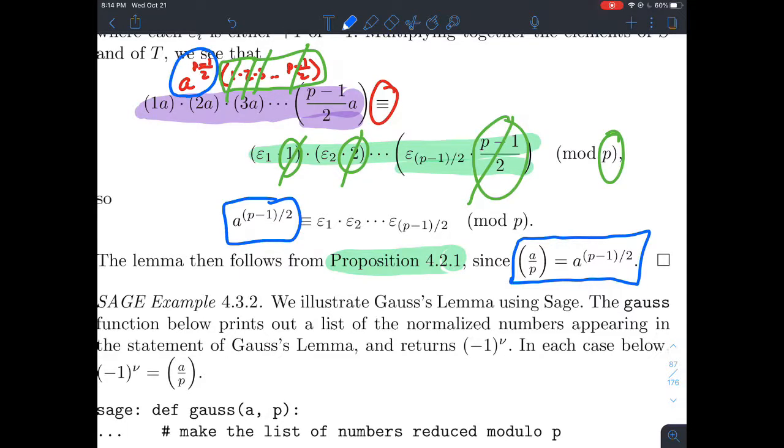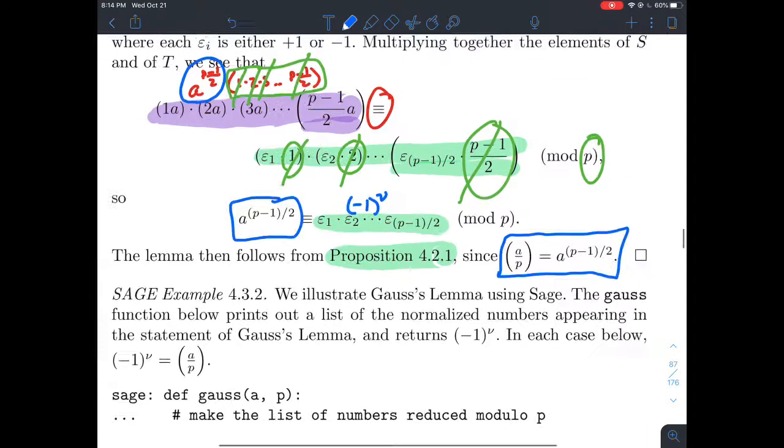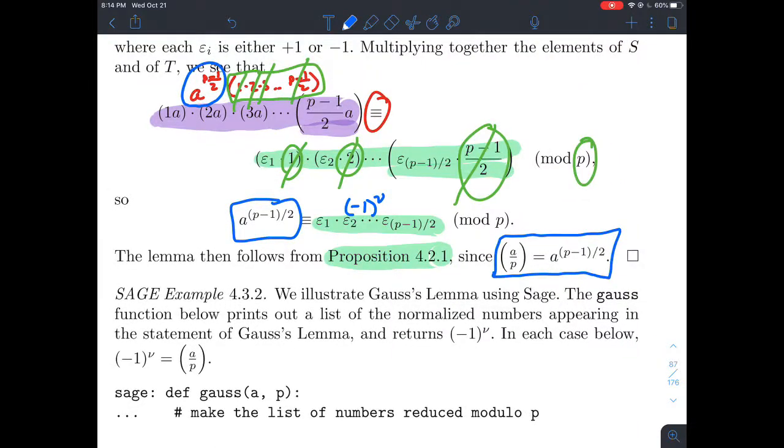This should just be dependent on how many of these epsilons are negative. That number that represents how many of these are negative is what we're calling nu. So this product of epsilons is minus 1 to the nu power. So to finish Gauss's lemma, what we needed to invoke was Euler's criterion, which gave us this way to think about the Legendre symbol.